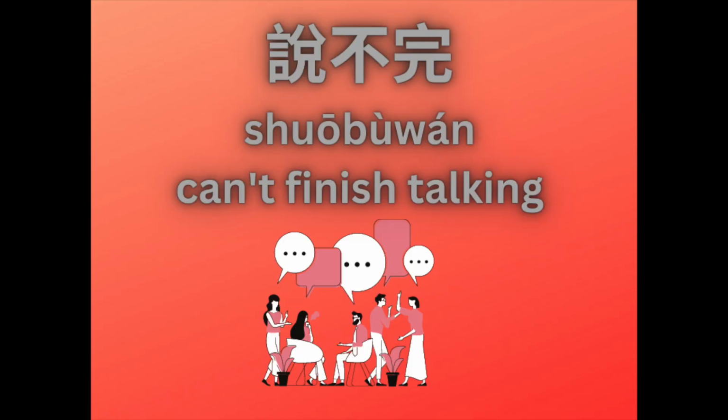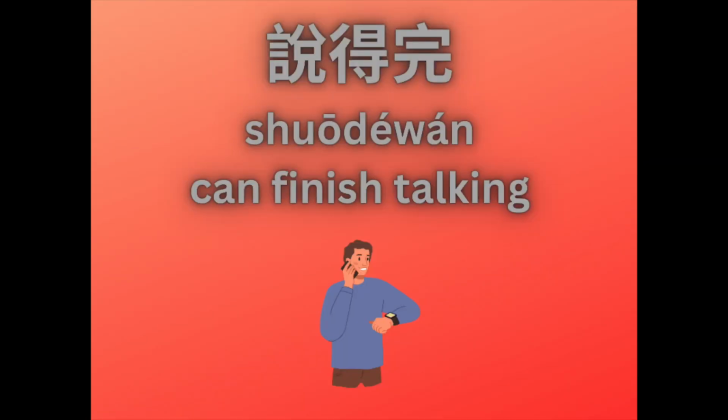So you use the 没有. If you can't finish talking you would say 说不完, 讲不完, if there's so much to say about this thing. 说不完了, there's so much to say. I don't even know when to stop, it's just too much. 说不完. And of course the opposite, 说得完. You have limited time to say something and you are able to do it in that time. So 说得完.